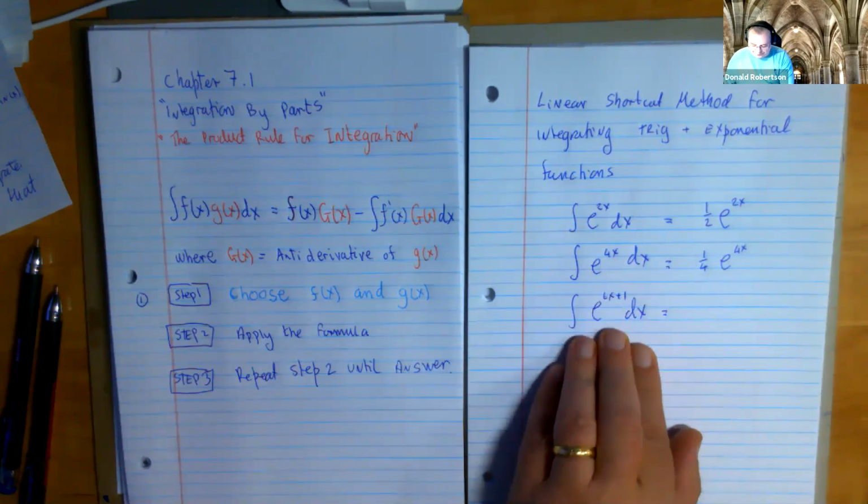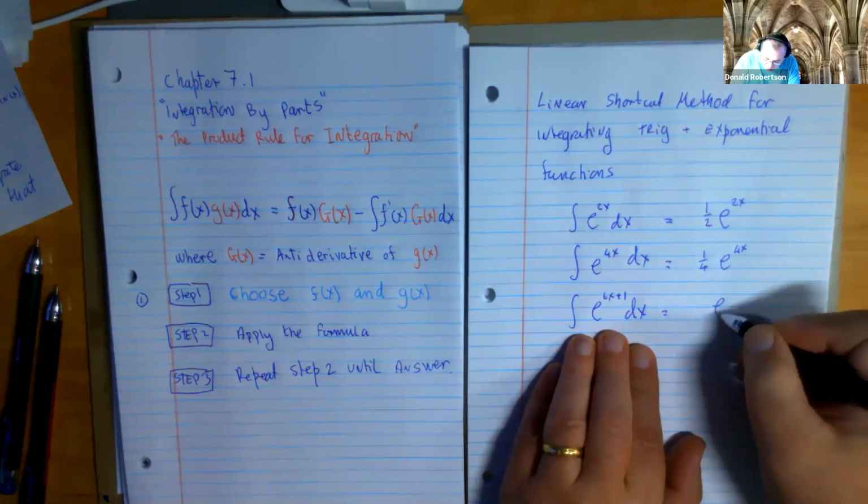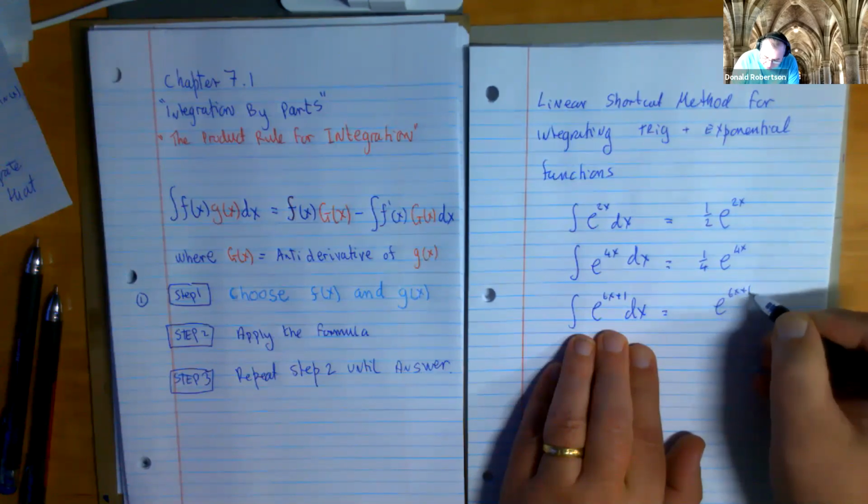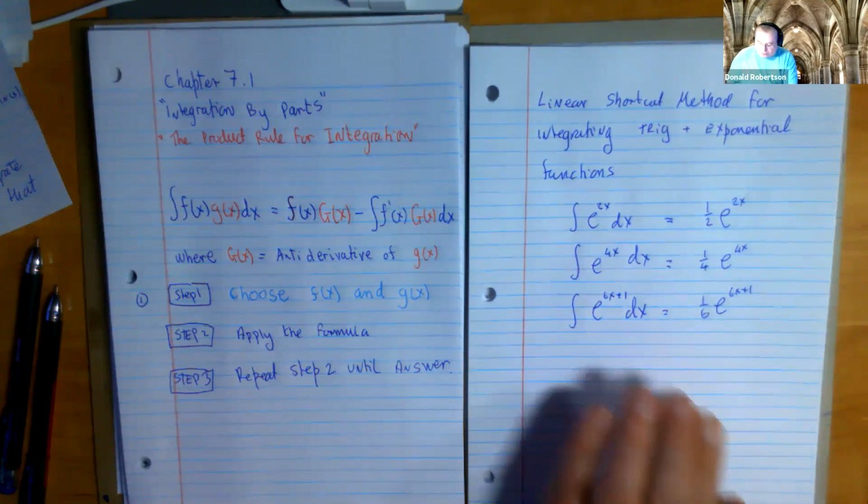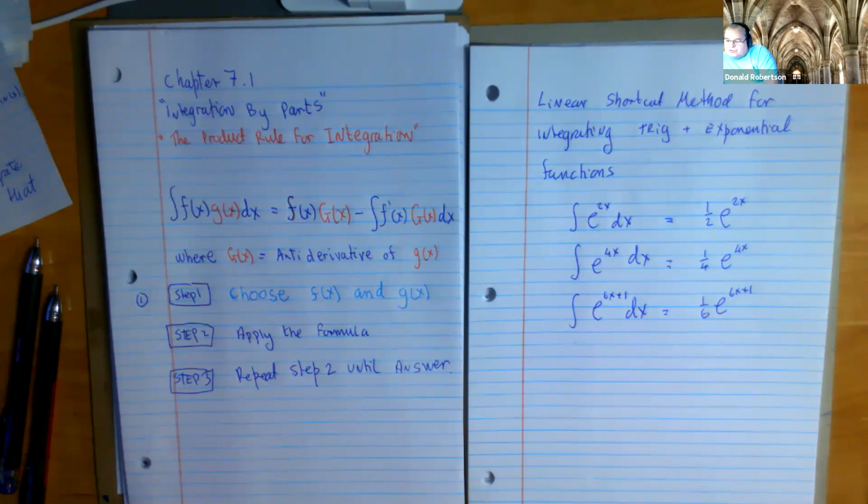A quarter. e to the 6x plus 1 will get you e to the 6x plus 1, and the fraction you'll get is 1/6. Do you see how this shortcut is working? Do you see how it allows you to integrate e to the 2x plus 1 or 4e to the 6x plus 1? It's just a shortcut.